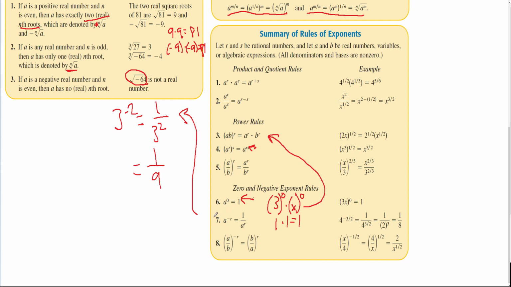And then finally, if we're dividing two numbers that are raised to some negative exponent, we simply take the inverse, okay? And we saw how the algebra works for that last time.